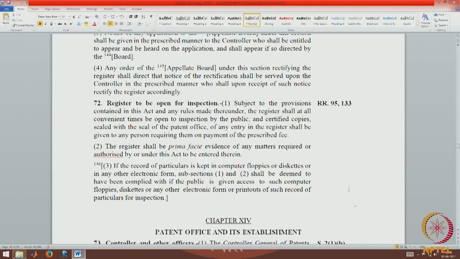This refers to databases that can be searched. So, the record, the register can also be kept in the electronic form, and you would find that on the patent office website you could search for most of these entries and you could find them in their website itself. So, this just allows for the register also to exist in the electronic form.